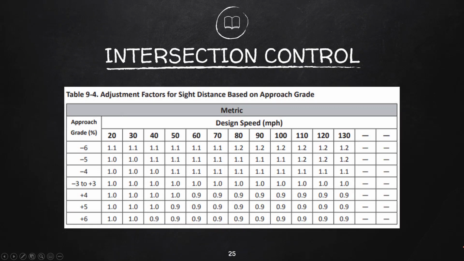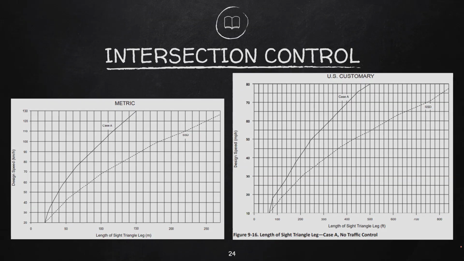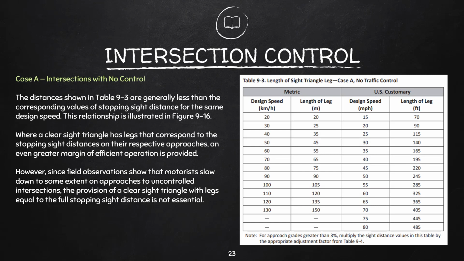So, table 9-4 is the adjustment factors for side triangles based on approach grade. Because if you will notice in our previous table here, table 9-3, for approach grades greater than 3%, multiply the side distance values in this table by the appropriate adjustment factor from table 9-4.